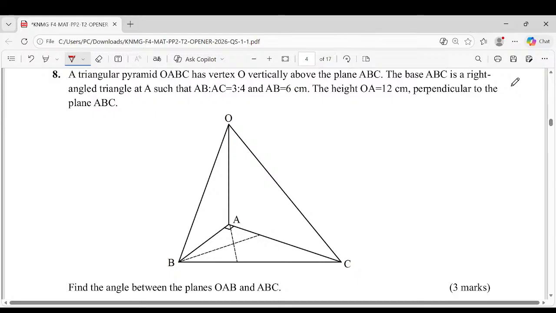The height OA is 12 centimeters and is perpendicular to the plane ABC. Find the angle between the plane OAB and the ABC.